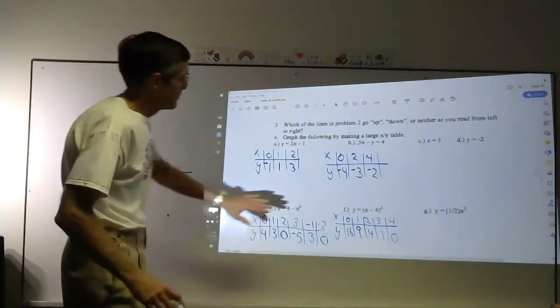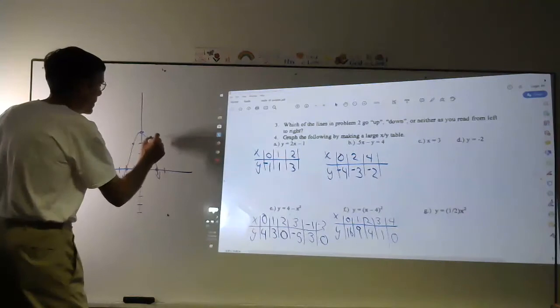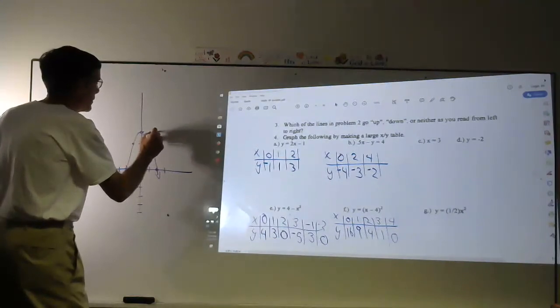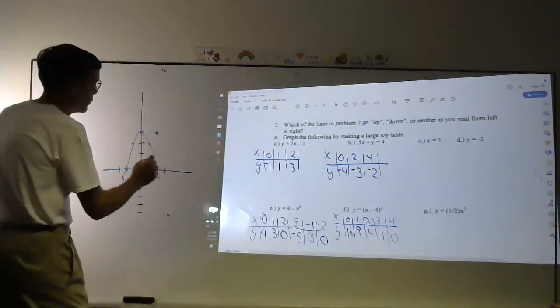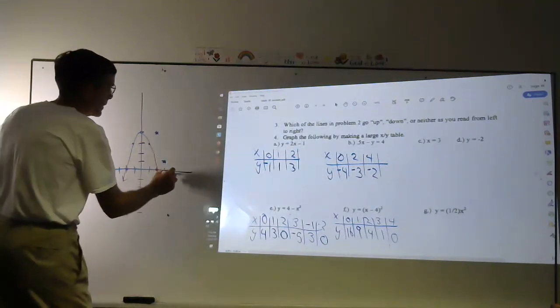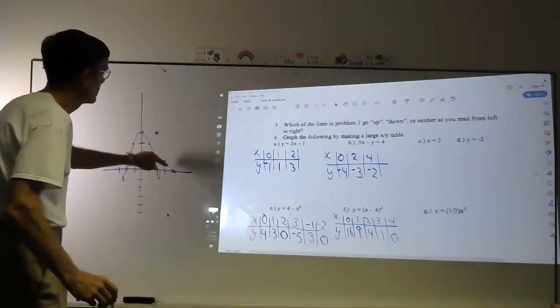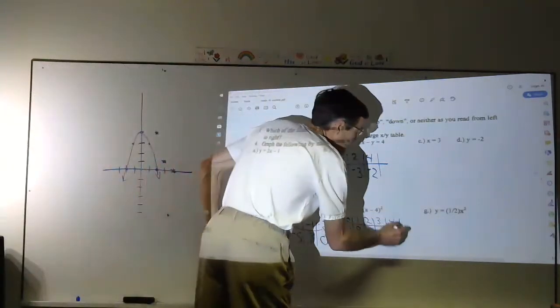So I'm going to forget the first two because the numbers are so big. Over 2 and up 4, there's 1 point. Over 3 and up 1. Over 4 and 0. I can see it curling. Can you see it curving here? Let's do 5 and 6.